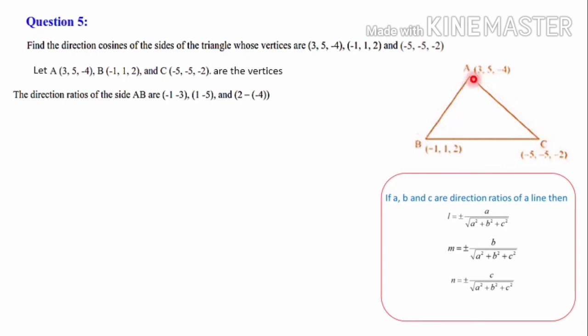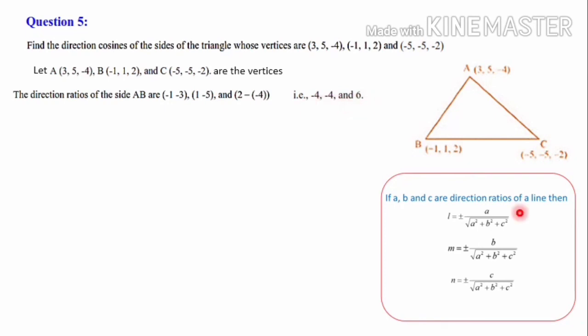First I am taking the side AB, and the direction ratios can be calculated using x2 minus x1, that is -1 minus 3 which is -4, y2 minus y1, that is 1 minus 5 which is -4, then z2 minus z1, that is 2 minus (-4), that is 2 plus 4, which is 6.